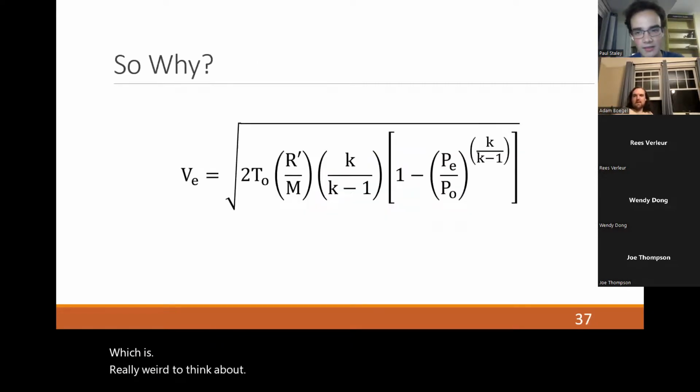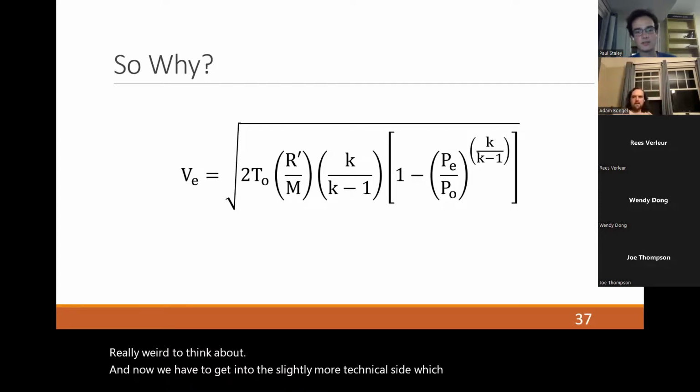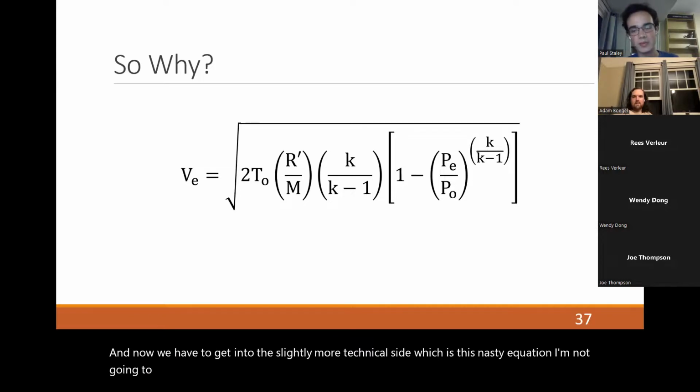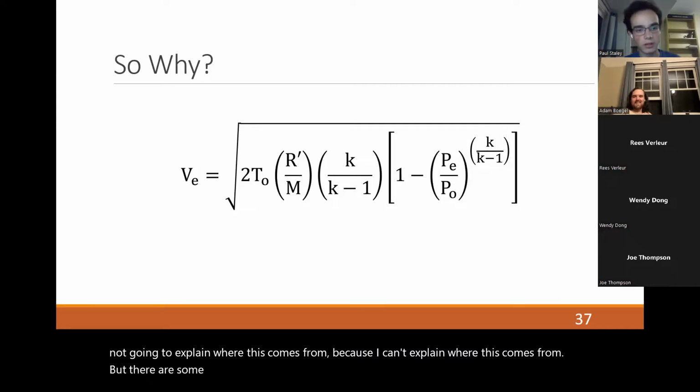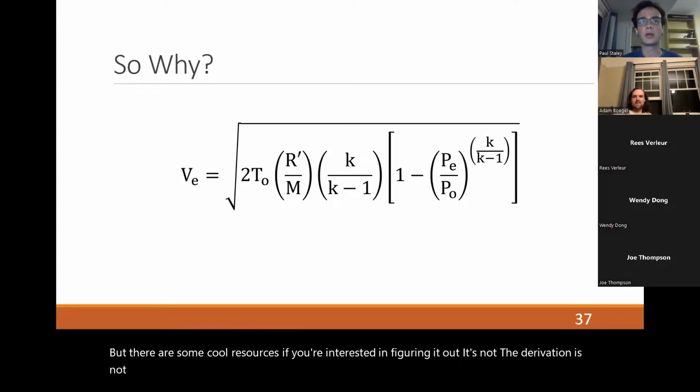And now we have to get into the slightly more technical side, which is this nasty equation. I'm not going to explain where this comes from because I can't explain where this comes from, but there are some cool resources if you're interested in figuring it out. The derivation is not crazy. However, you see VE.